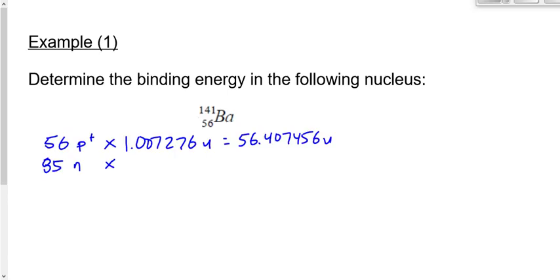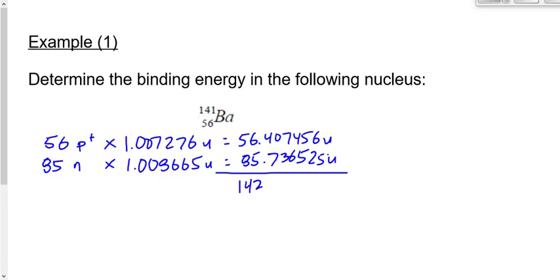If you check that sheet that I gave you, or that I put up on the board here a few minutes ago, you see that the mass of a neutron is 1.008665 atomic mass units, giving us a total mass for all the neutrons of 85.7736525 atomic mass units.